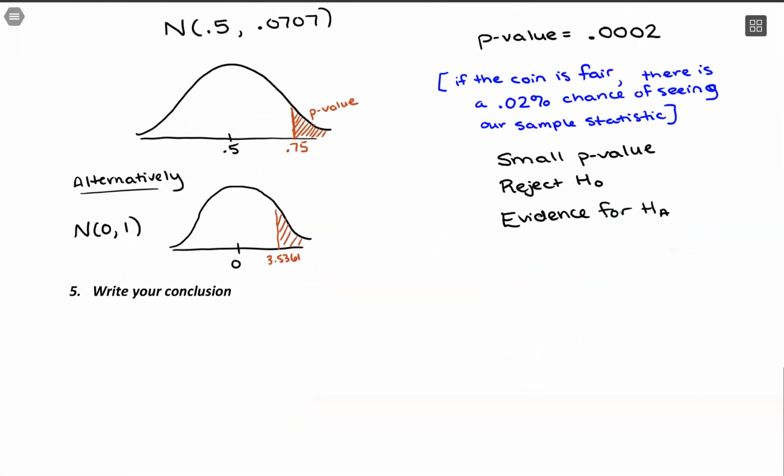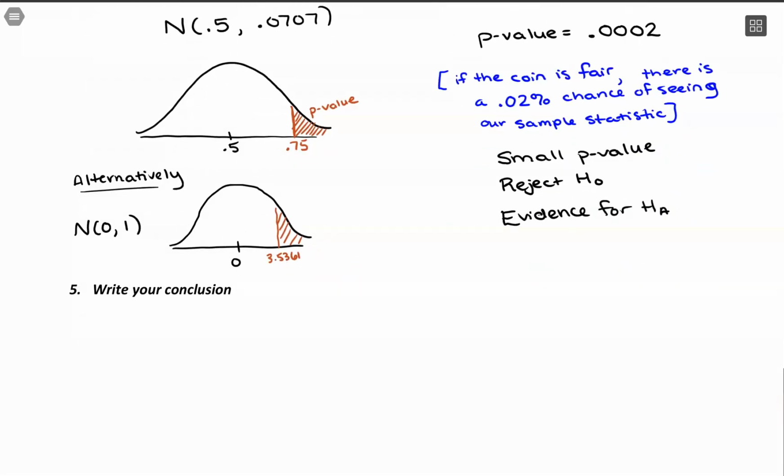So in wording our conclusion, what we're going to do is start with this main statement that's going to be about whether or not we reject the null hypothesis. So for us, we reject the null hypothesis. And then just like we did with confidence intervals in terms of stating like with 95% confidence or 99% confidence, which was stating our level that we were working at, what we're going to do here is state the level of our evidence, which is the p-value.